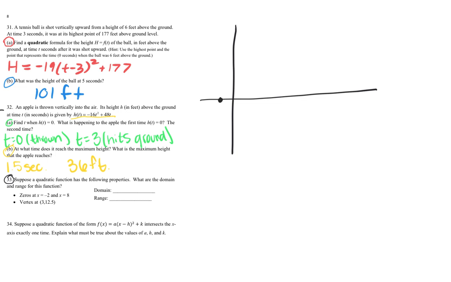Okay, we have a 0 at 8. Okay, so this is negative 2. This is 8. And then it says our vertex is at 3, 12.5. Okay. So this is 3, we'll say this is 12.5. So now let's draw our function. I think that's pretty good.